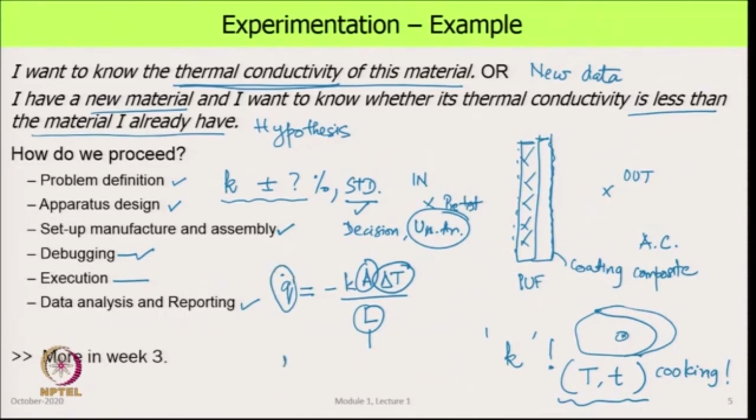After that, we use the formula K is equal to minus Q dot L upon A delta T, and calculate K and its uncertainty, which we have to represent as some value plus minus some value at some confidence level. So, we will come back to this in more detail when we look at experimentation.